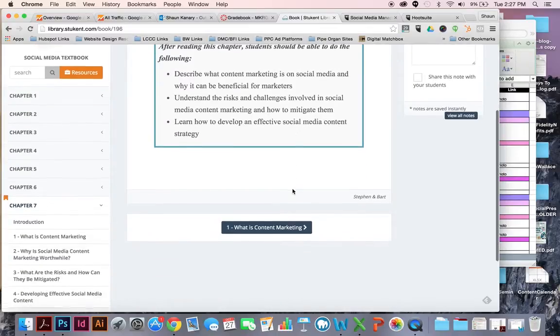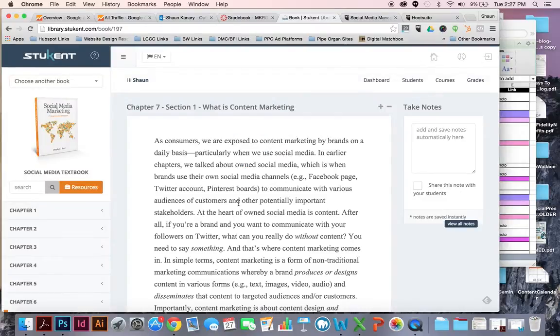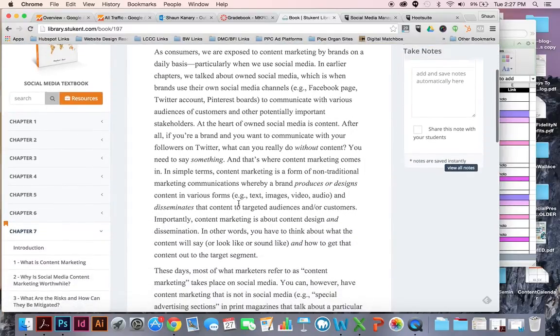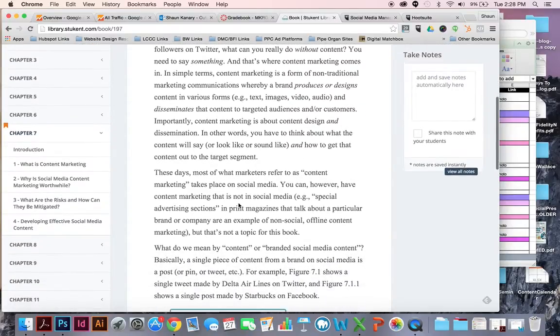Obviously, content marketing is to create content that consumers or followers of your brand would find interesting or useful. Content marketing actually was discovered right here in Cleveland and is a very, very good way to market your company.